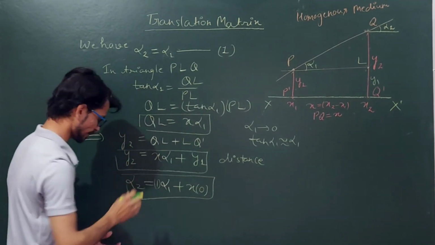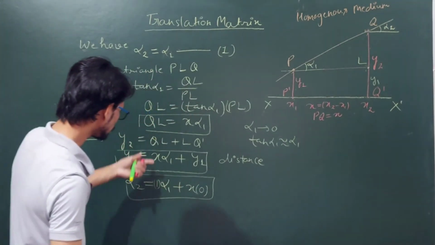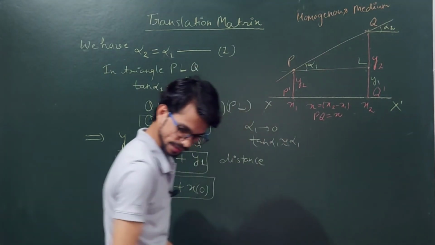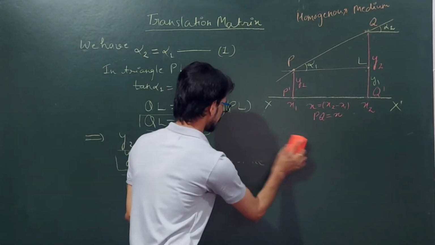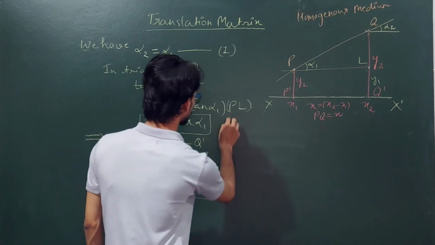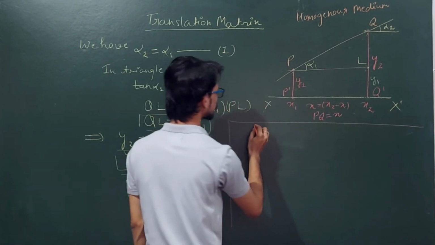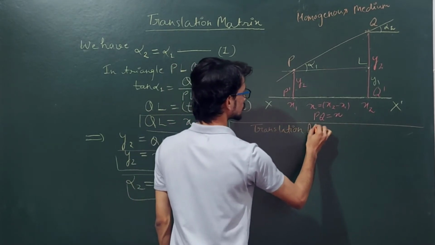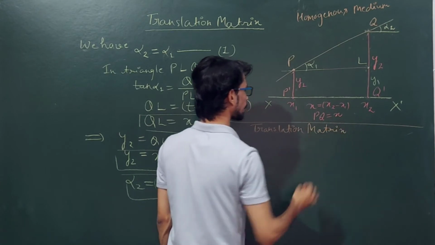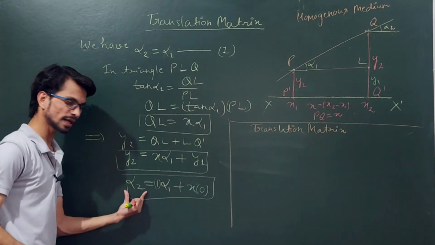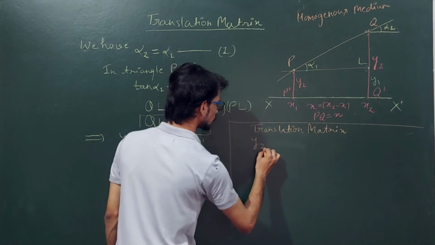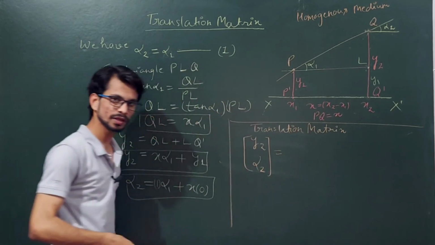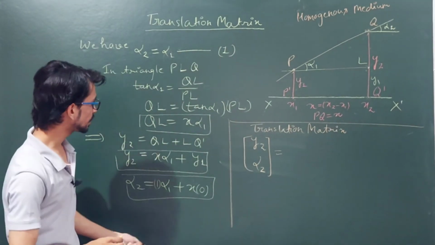Now if I form the matrix of these two coordinates, then what will I have? I am writing the matrix here. This is for the translation. So the translation matrix will be for y2 and alpha 2, which will be equal to what?